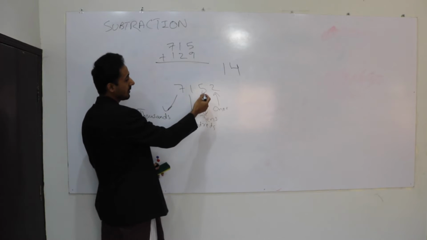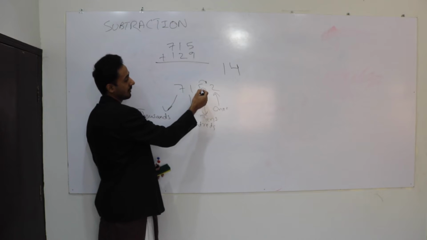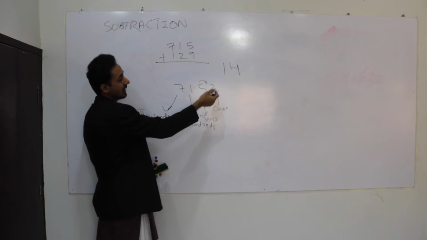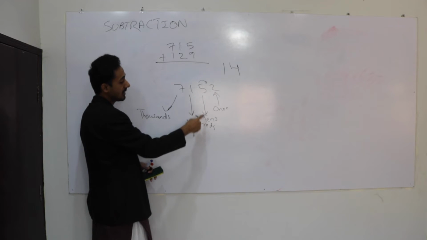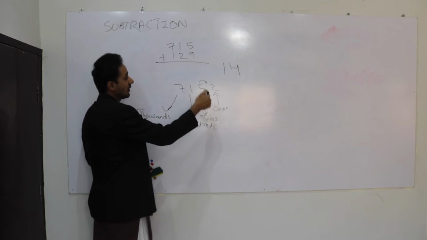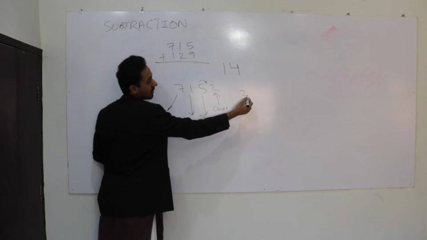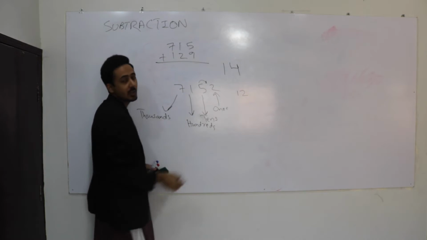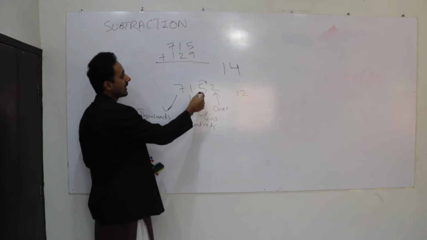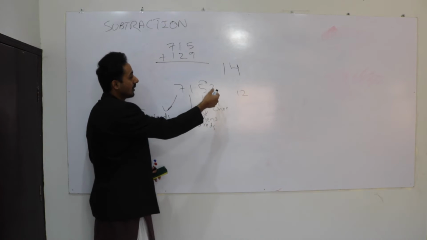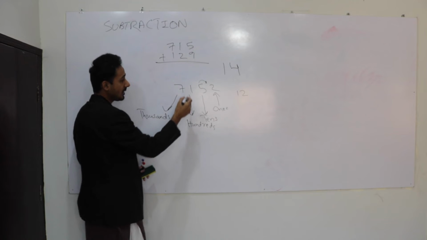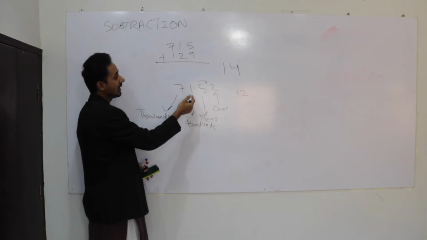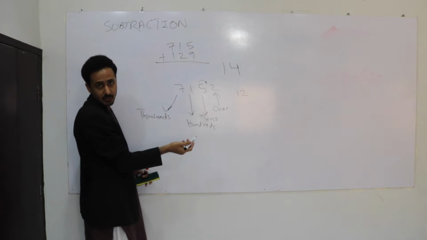Now if we give 1 from here to here, that one is 10 times greater than this position, because this is tens and this is ones. So if we give 1 here, this 2 and the 1 from here moved here becomes 12, because we are actually giving 10 to the lower position. And if this is hundreds and this is tens, then 100 is 10 times greater than 10.